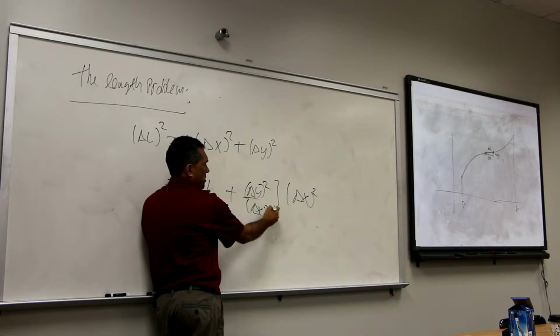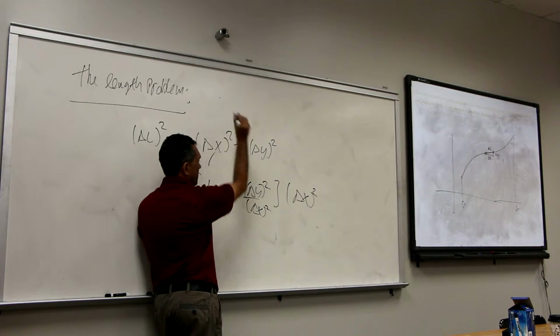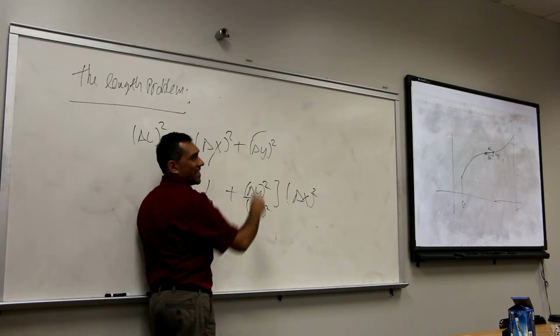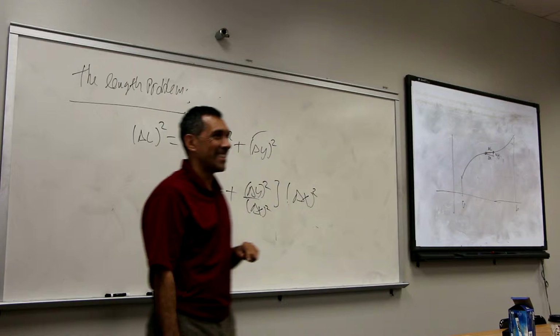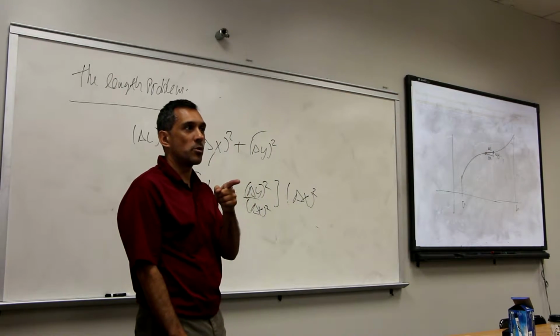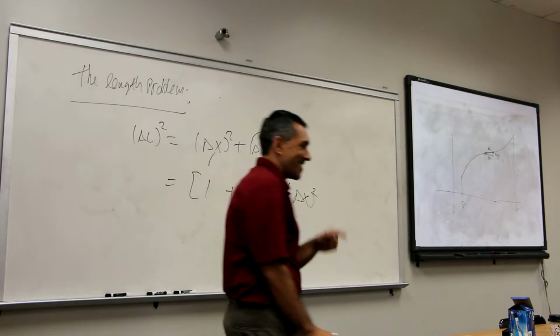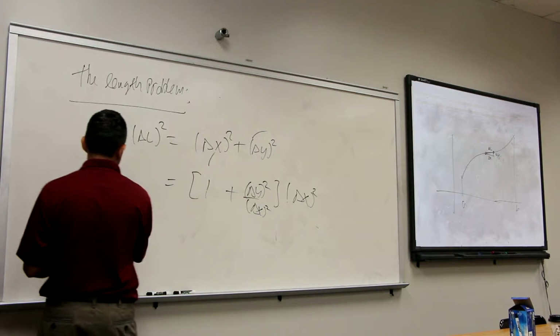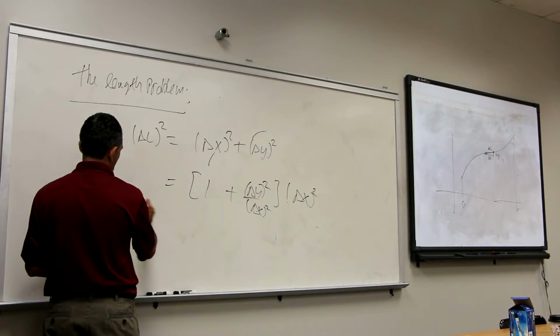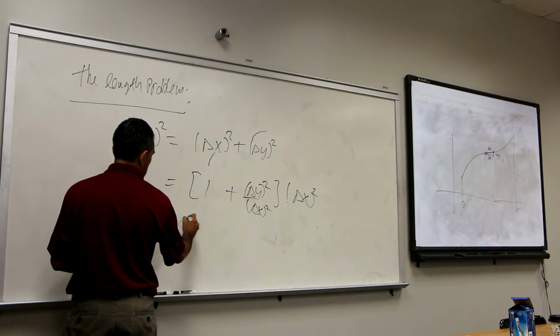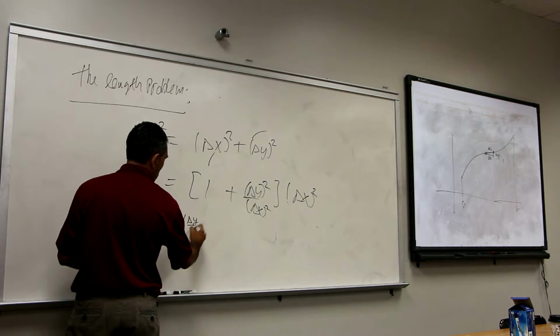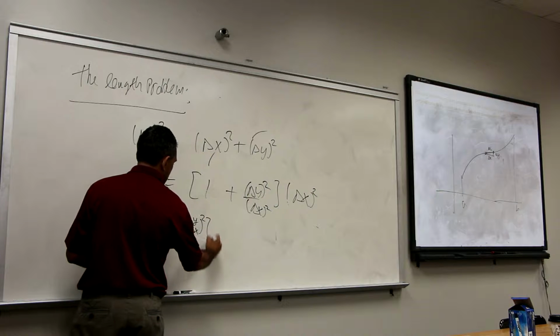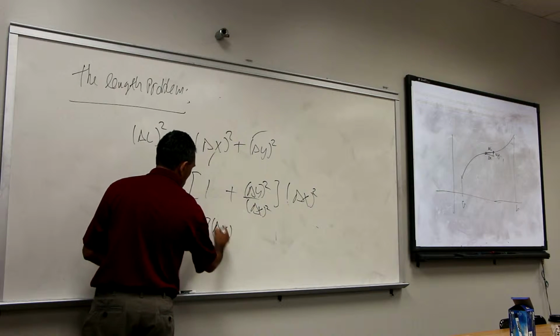You know how to factor, right? Check it: delta x squared, delta y squared. Yes? We good with our algebra? So delta L squared is equal to 1 plus (delta y over delta x) squared times delta x squared.